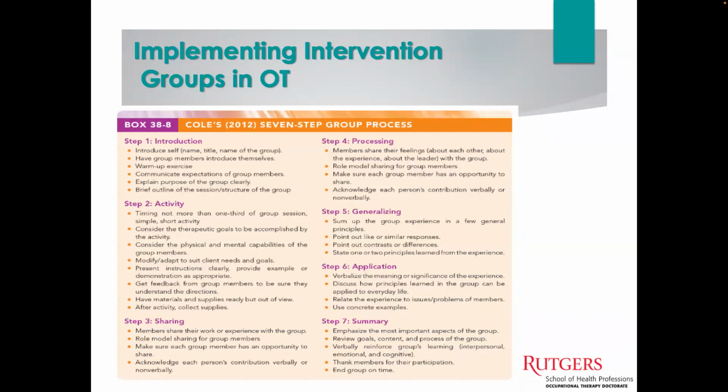After you've gone around and talked to several group members, gotten their experiences and processed them, you can sum up the group experience in a few principles. Point out similar responses, point out contrasts or differences, and state something that was learned from the experience. So, I noticed a couple of you said that it was a little bit tricky controlling your dog, but a couple of you also said that it was really great just to be out in the outdoors and interacting with other people.